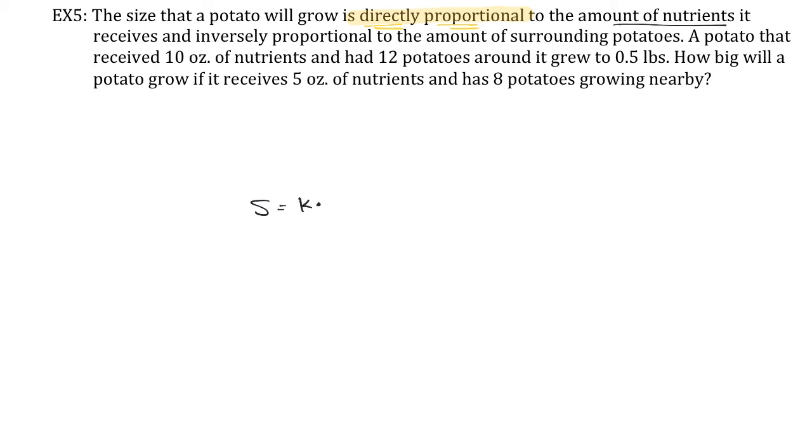So now I need to define some variables here. Let S equal size of my potato. Okay, and the amount of nutrients it receives, let's let N equal nutrients. And now we also have this inversely proportional to the amount of surrounding potatoes.